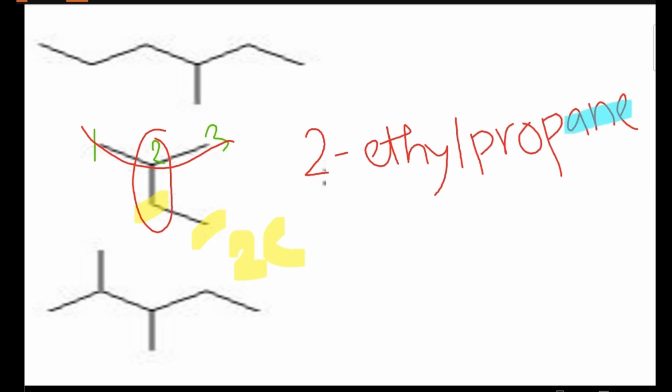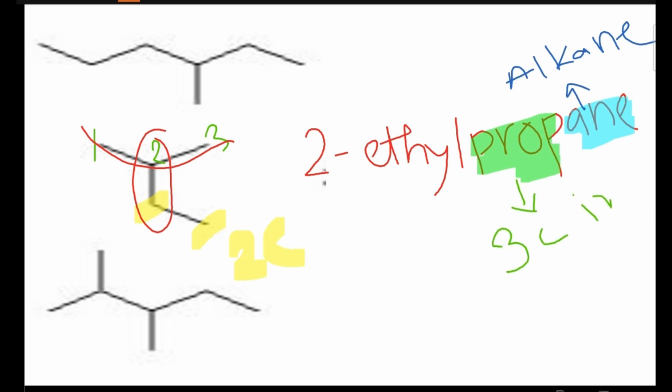Since there are 3 carbons in the longest chain or in the parent chain, we wrote prop. And since all the carbons are bonded in single bond, we added ane to it. Ane stands for alkane. Prop means 3.